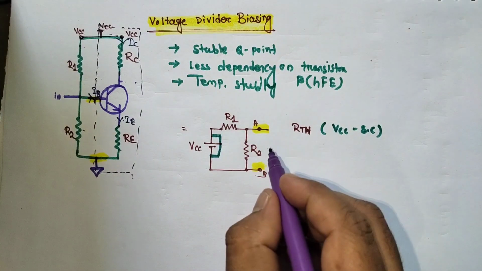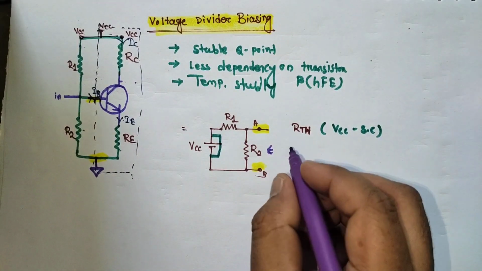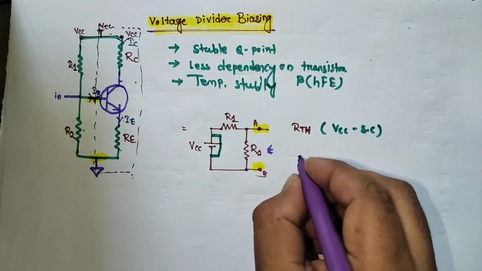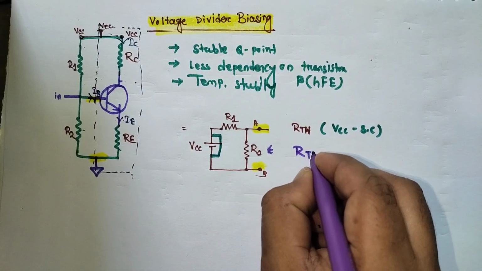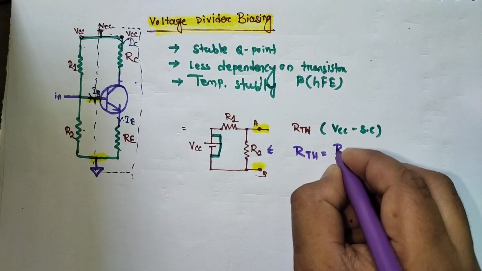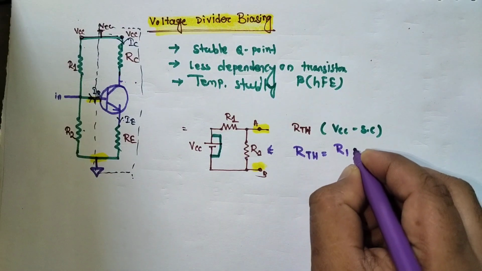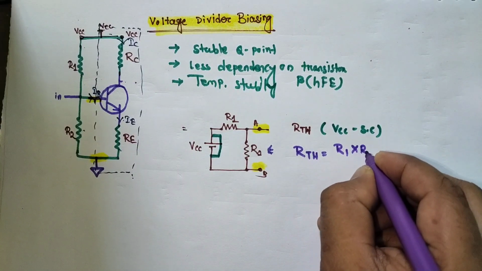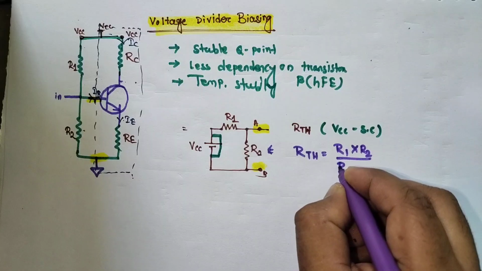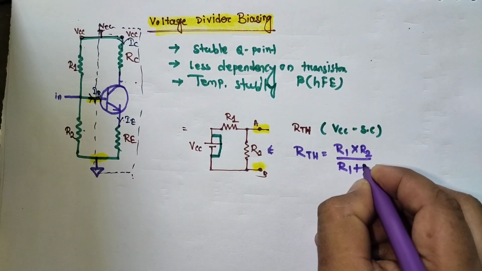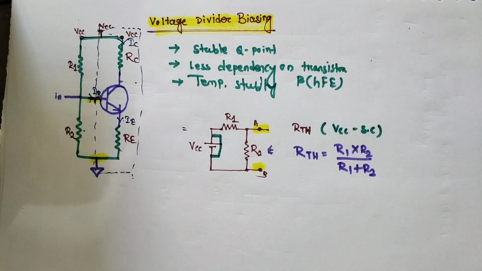Then from this side both resistors are in parallel, so RTH equals R1 into R2 divided by R1 plus R2. This is the RTH.